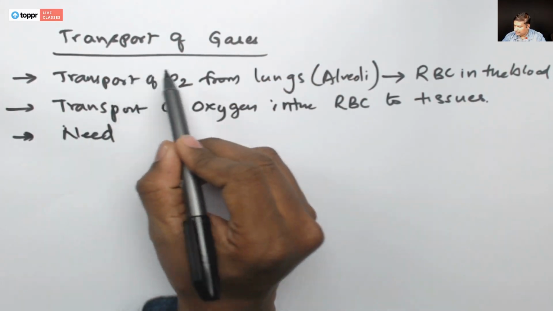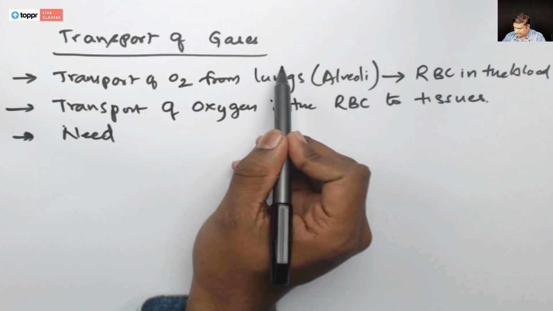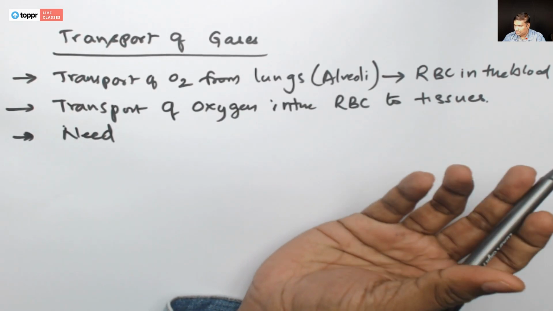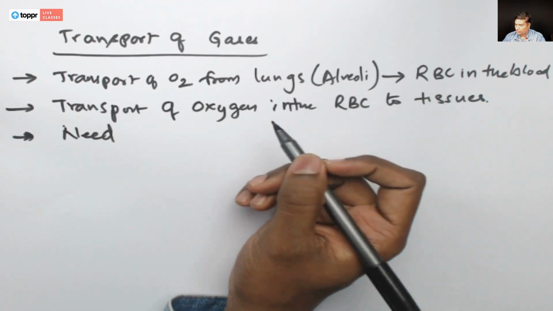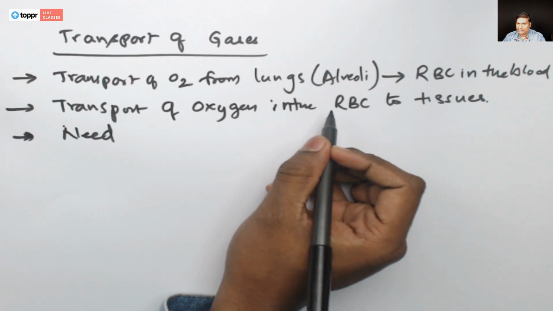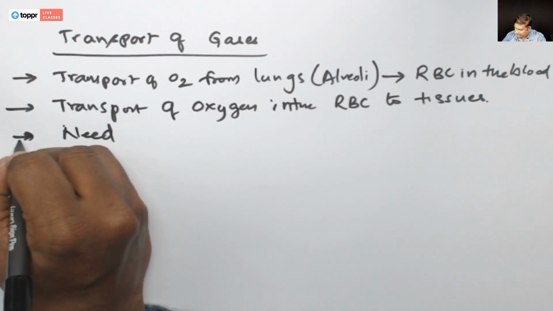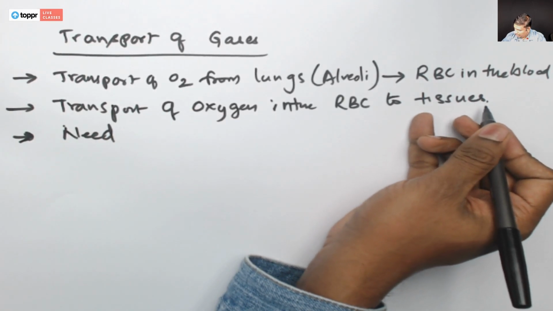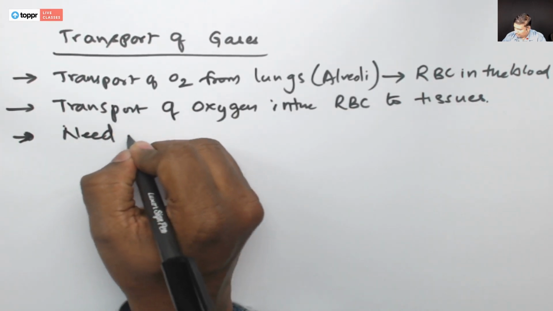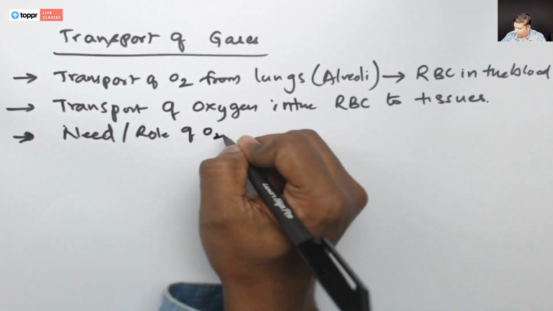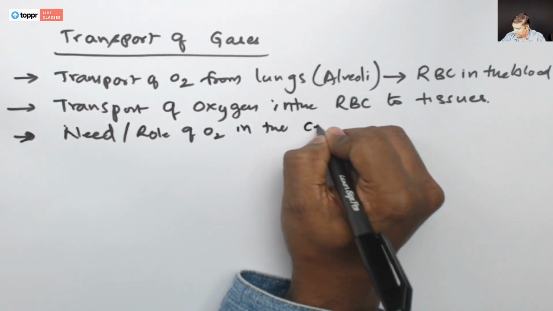Yeah, so like I said, we are discussing the transport of gases. Okay, so we'll first start with the transport of oxygen from the lungs into the RBC. Okay, how will that happen, and how these RBCs actually transport the oxygen to the various tissues, and then once the RBC delivers the oxygen, okay, the need or role of oxygen in the cells.